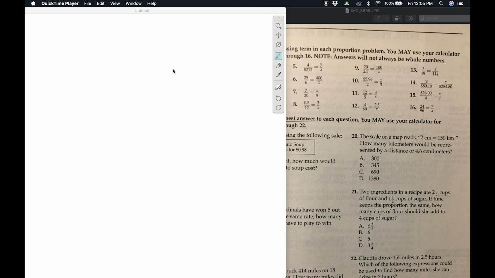Okay, so number 14, let's see, 9 over 80.10 is equal to x over 284.80.